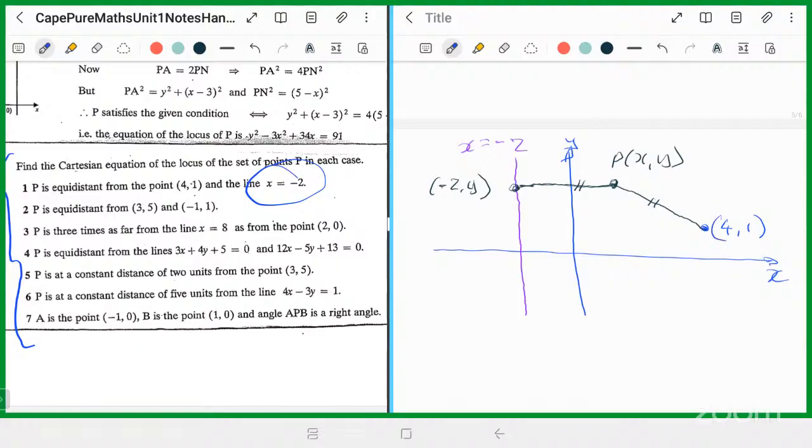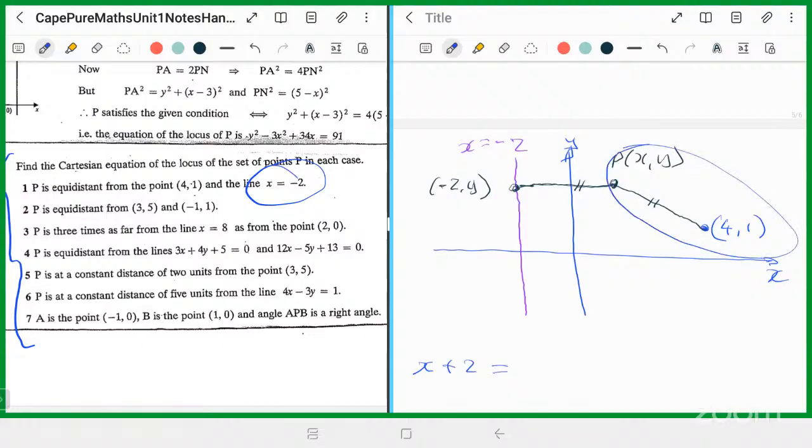Now what will be this distance? Over here is x, and over here is 2. So the distance from here across here is x plus 2, or you could say it is x minus a negative 2. In any case, this distance is x plus 2. So we can say x plus 2, that's this distance, is equal to the distance between these 2 points.